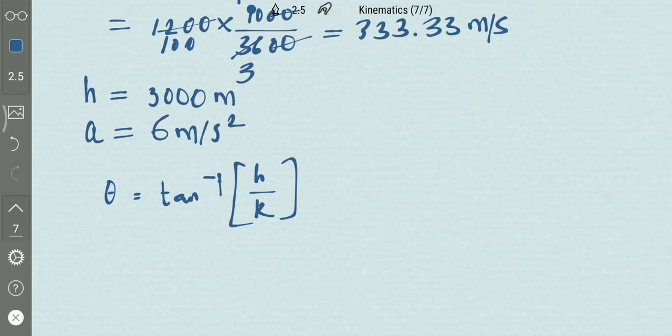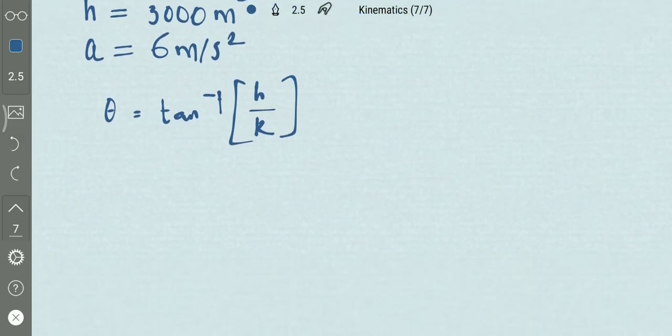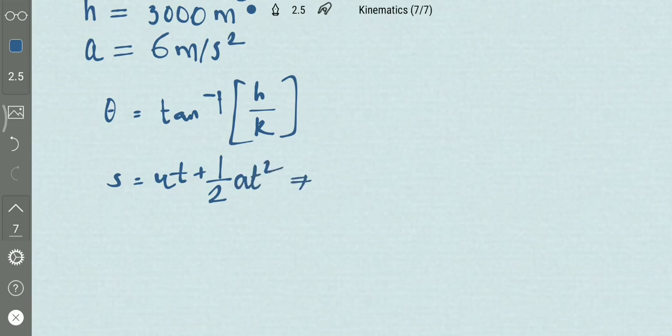But we don't know R, right? We need to find R. In order to find R, which is the horizontal distance, we use s equal to ut plus half at squared. Here the distance traveled s is R, the range.